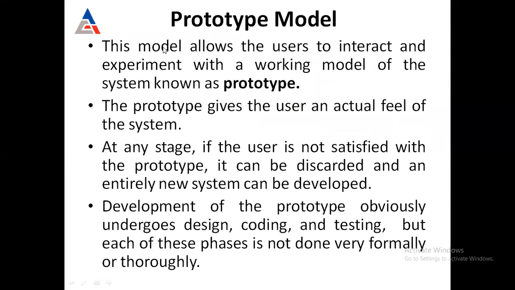This model allows the user to interact and experiment with the working model of the system, known as a prototype. As I said earlier, in the first phase the software developer develops the software by judging the requirements of the customer.